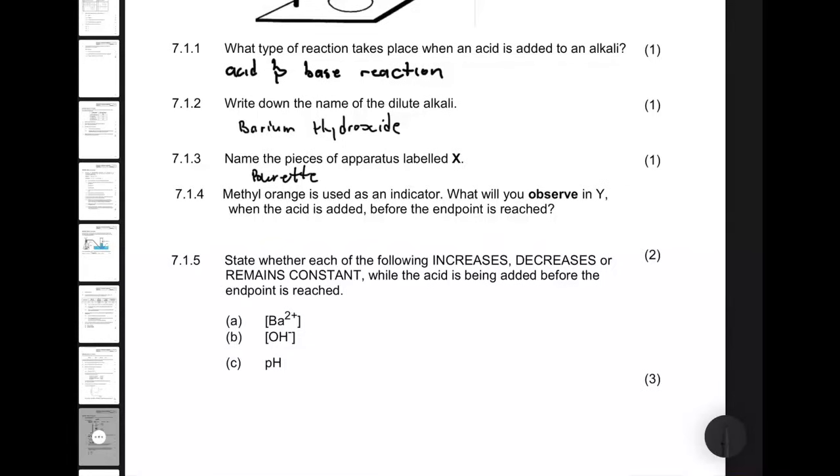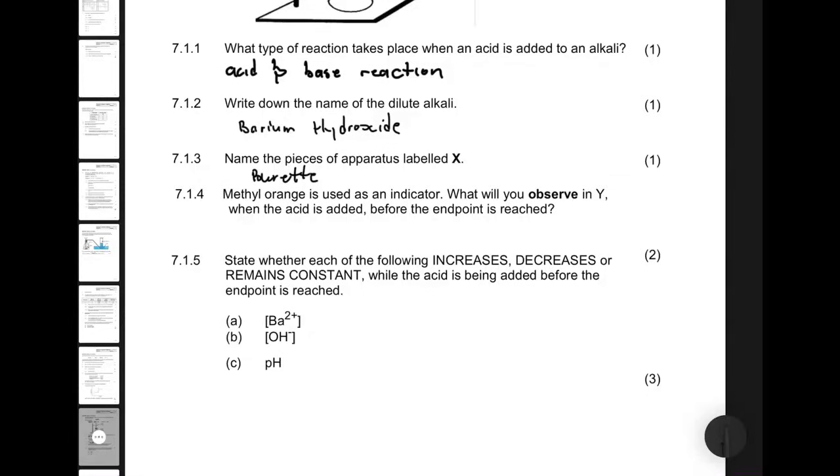If you add methyl orange to a base, it turns yellow. As we add more acid, it will gradually turn orange as we reach a pH of around 7.